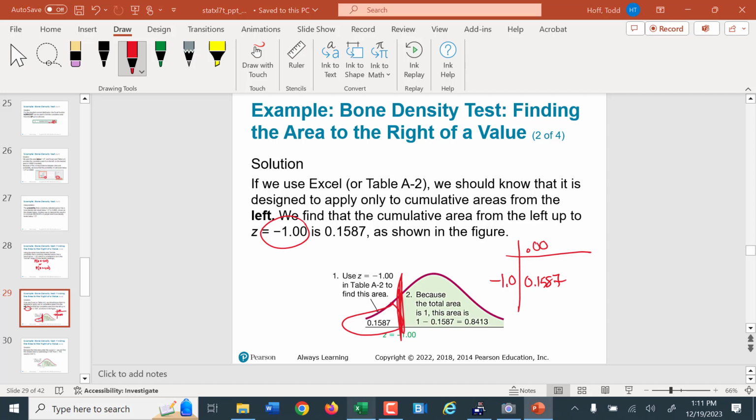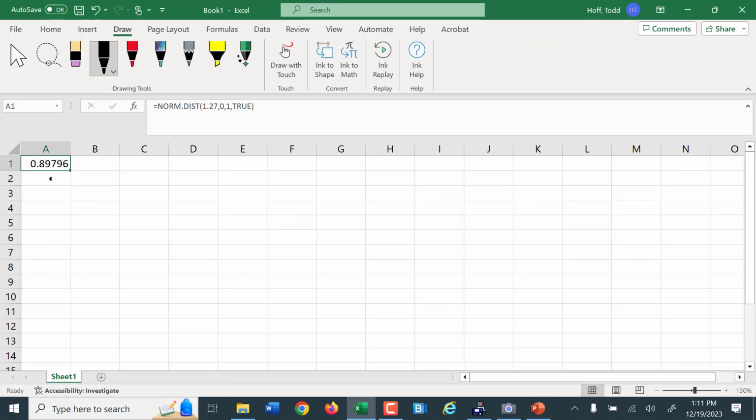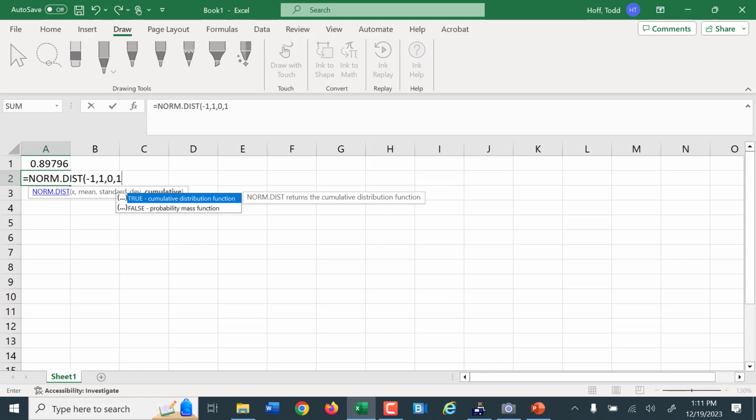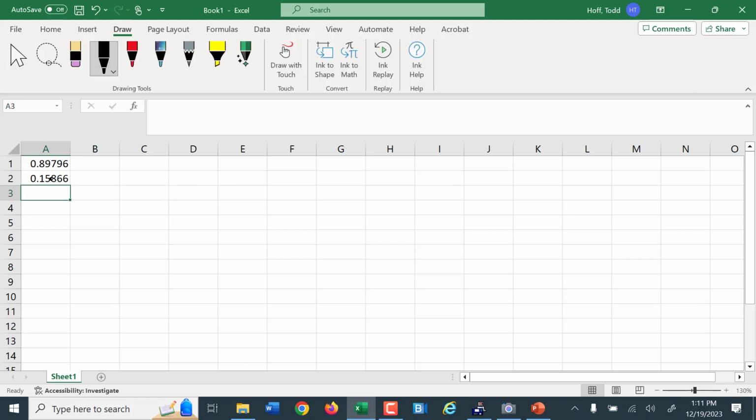Or we could use Excel. In Excel, equals NORM.DIST from -1, mean of 0, standard deviation of 1, and then 1 for true, for cumulative. Again, 0.15866 or 0.1587.